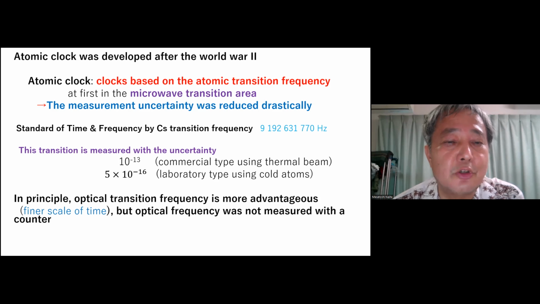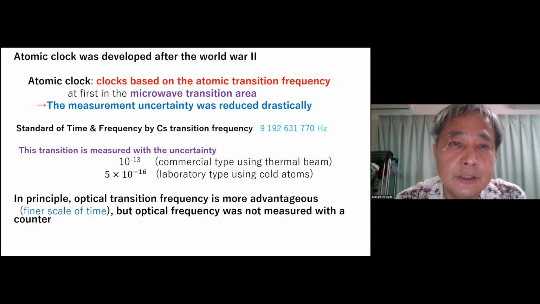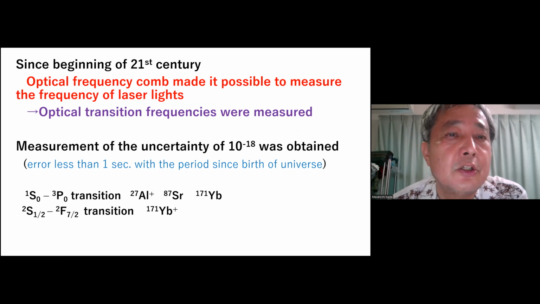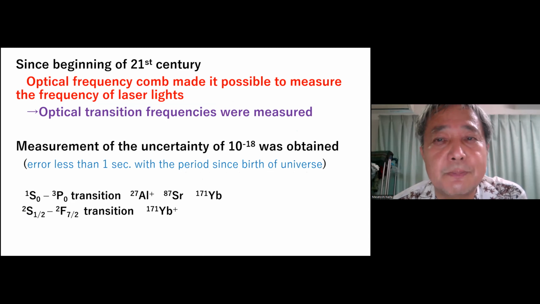In principle, optical transition frequencies are more advantageous for precision measurement because of the finer scale of time. But at first, optical frequency could not be measured with a counter like microwaves. But there was a revolution at the beginning of this century. The optical frequency comb made it possible to measure the frequency of laser light.